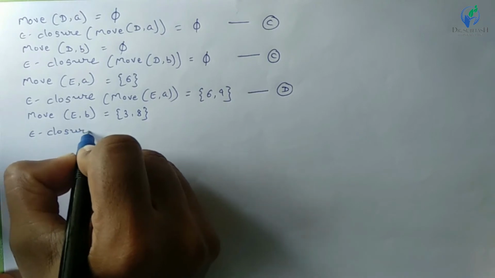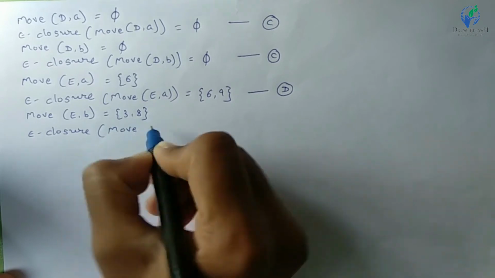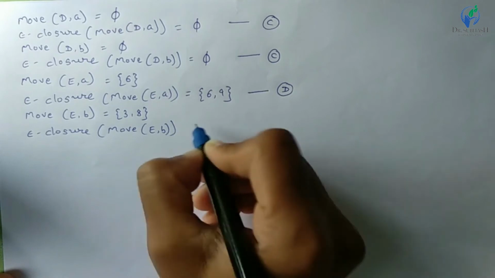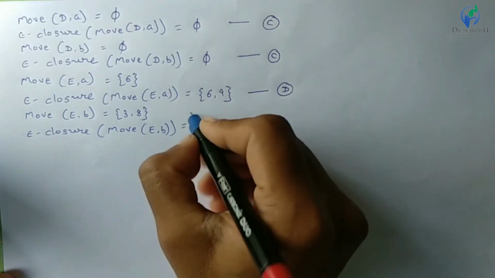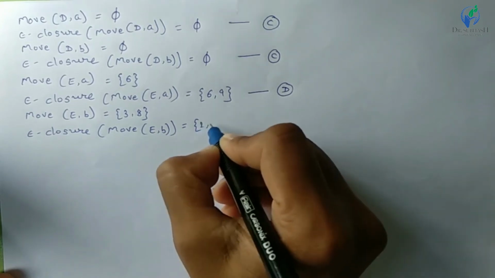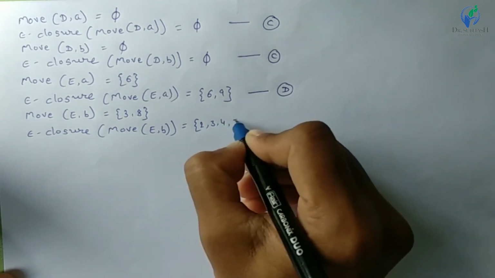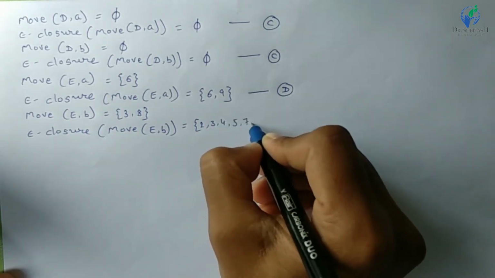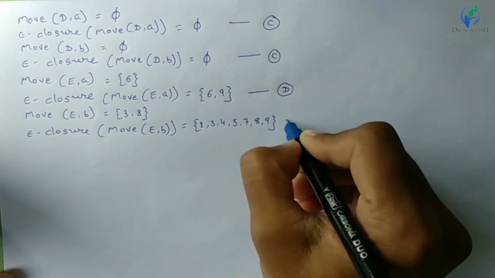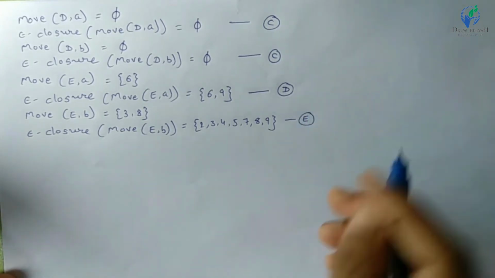So epsilon closure of move E to B is equal to 2, 3, 4, 5, 6, 7, 8, 9, which is your state E.